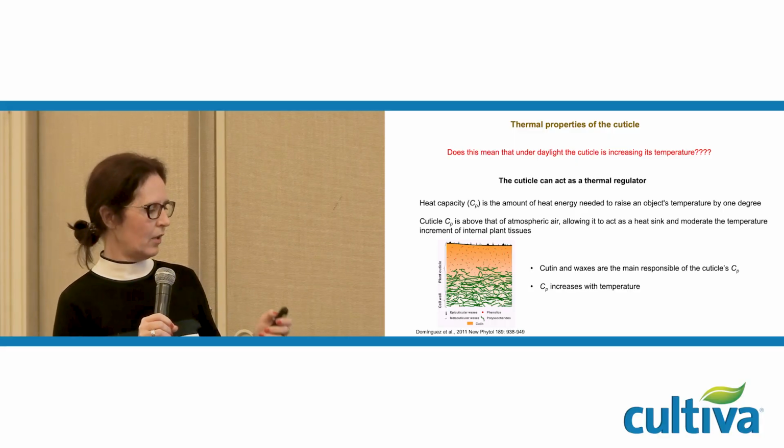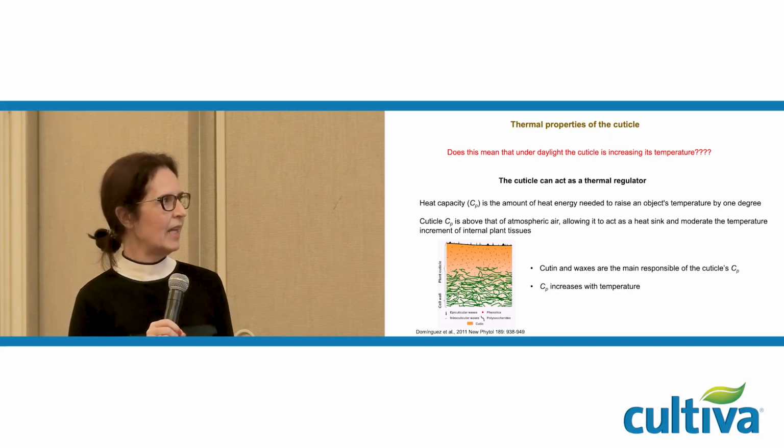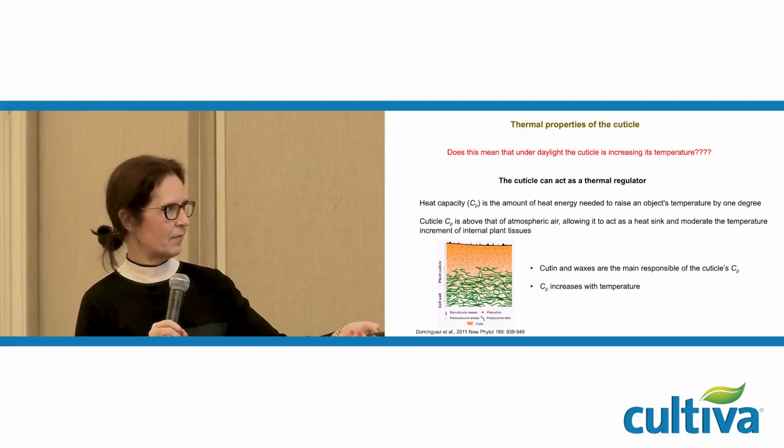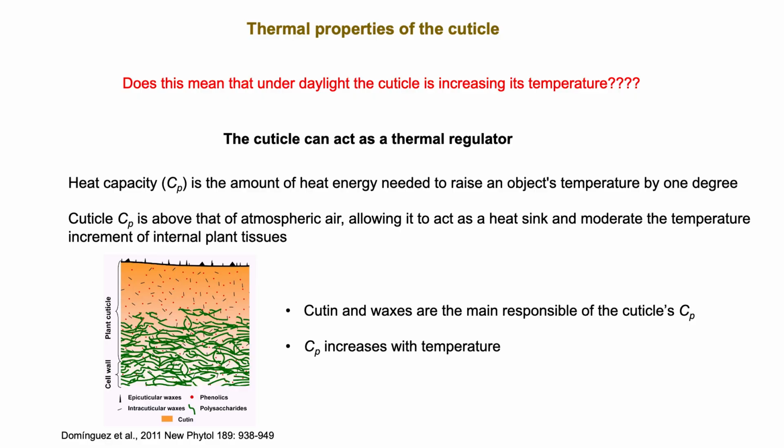Which cuticle compounds are responsible for this heat capacity? Well, the lipids. The cutin matrix, as Professor Jocelyn mentioned before, and waxes, either epicuticular, present on the surface, or intracuticular.